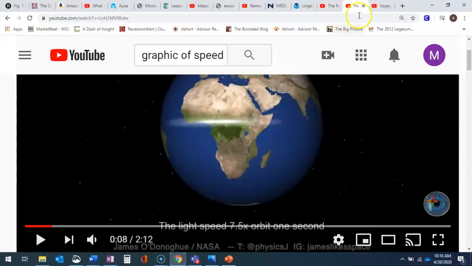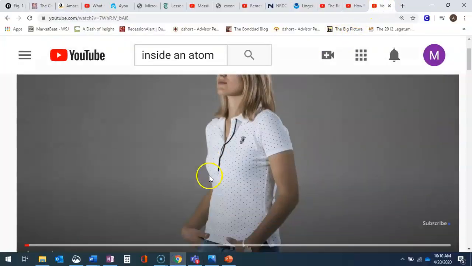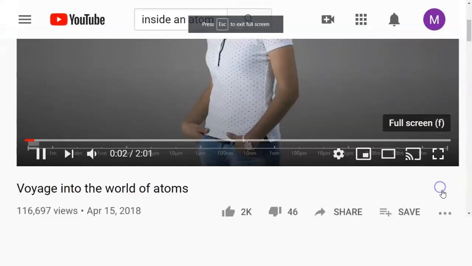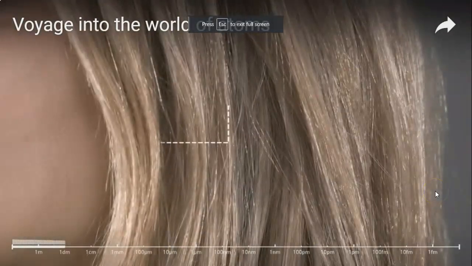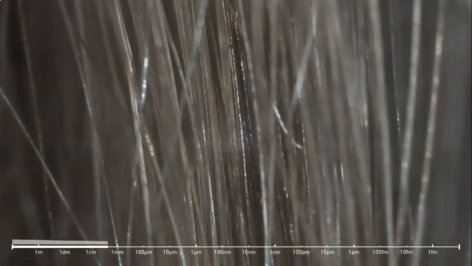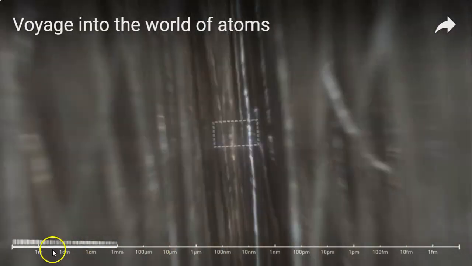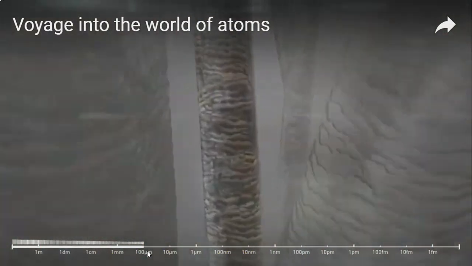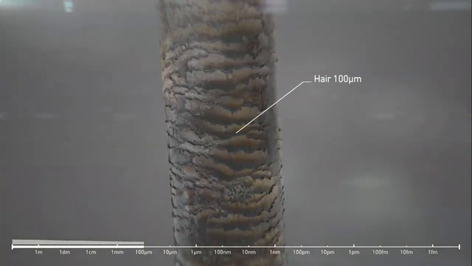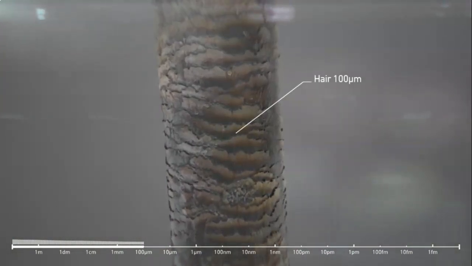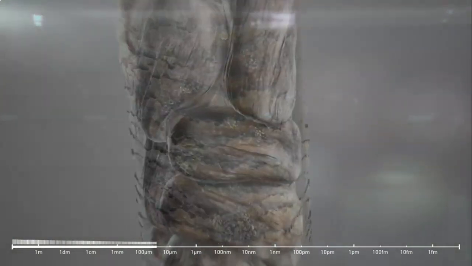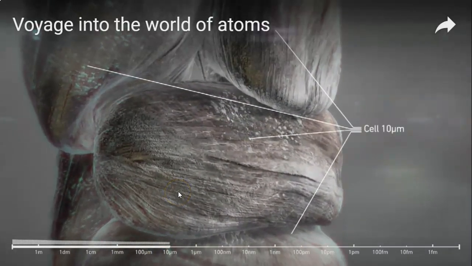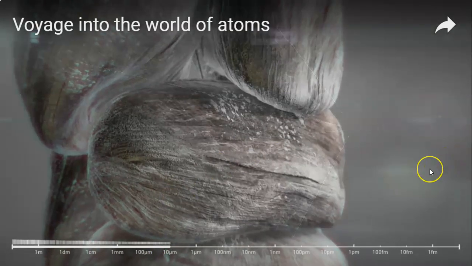atom. Pretty cool. So this is a journey to the center of an atom from NASA. So we have a hair, and then we get 10 times smaller each time. So there we have hairs, 10 times smaller, and we have just kind of the scales on a hair, not yet down to molecules. And these are the molecules, cells, we're not there yet.